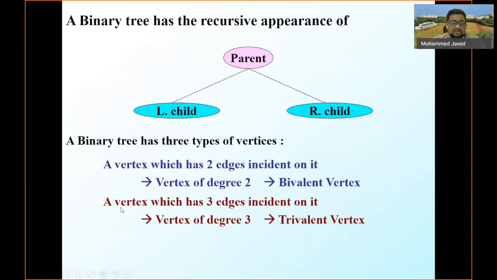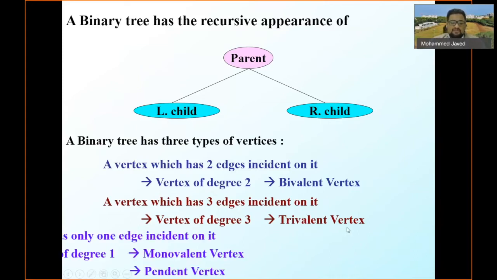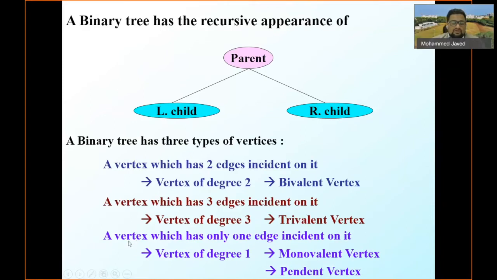So a vertex which has 3 edges incident on it is a vertex of degree 3, and it is called the trivalent vertex. And a vertex which has only 1 edge incident on it, the vertex of degree 1, is called the monovalent vertex, or the pendant vertex.